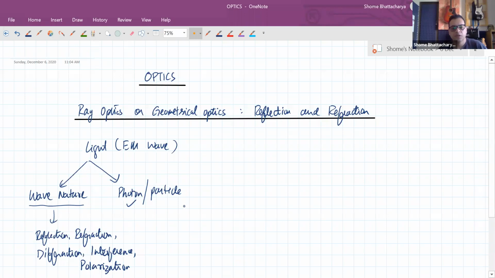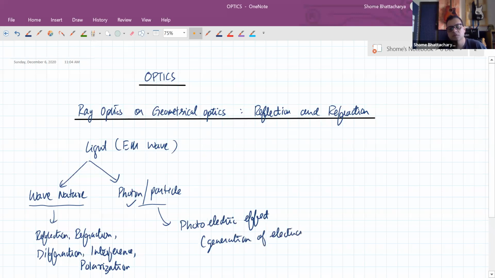Whereas the photon nature of light is responsible for something called the photoelectric effect, which is basically generation of electricity from light.